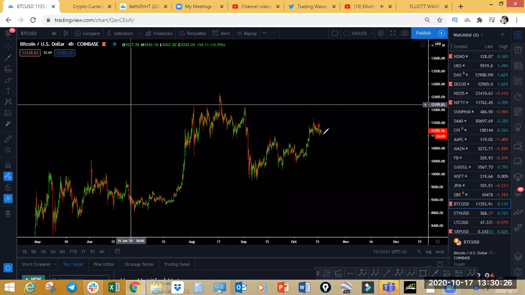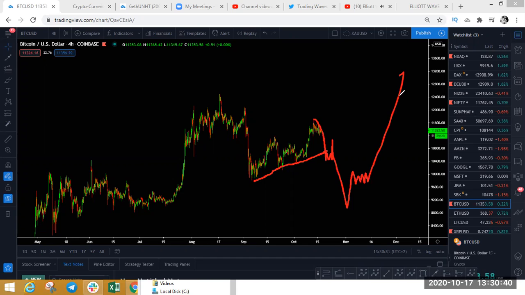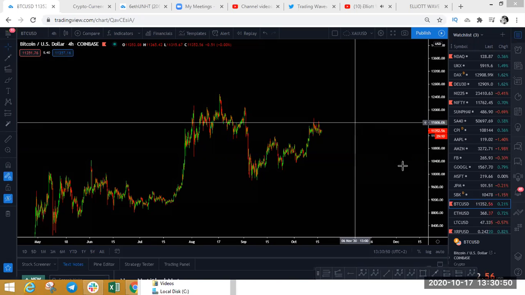If this confirms here upside, then we're going to be taking this trade to the upside, and that's going to confirm 1, 2, 3, 4, 5. But otherwise, if we get a sell set up here, we're going to change our view here and expect one more up before we start buying to the upside. We have got a trade set up on Bitcoin that we bought here, has not gone anywhere. Instead, it has just made this corrective structure, and that looks like it's going to push to the upside.